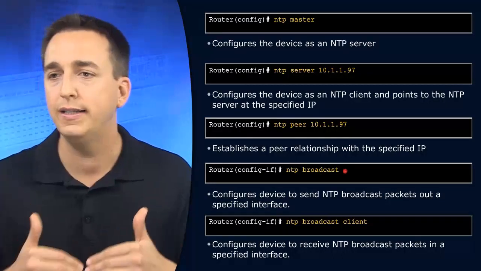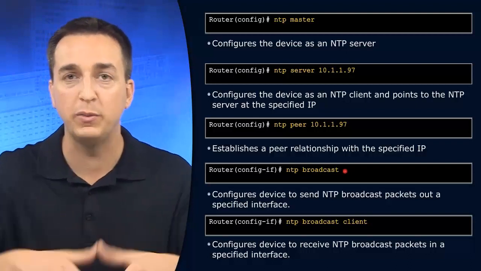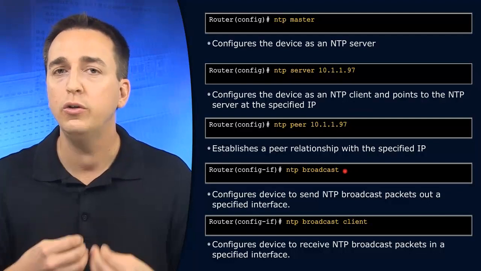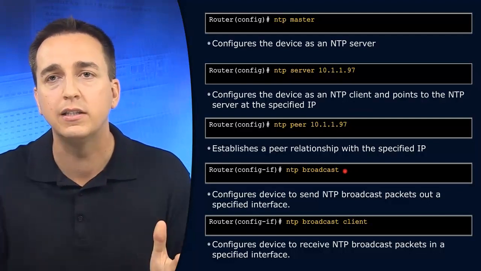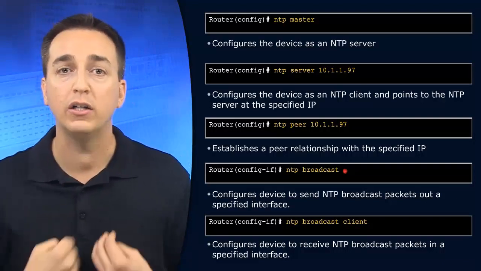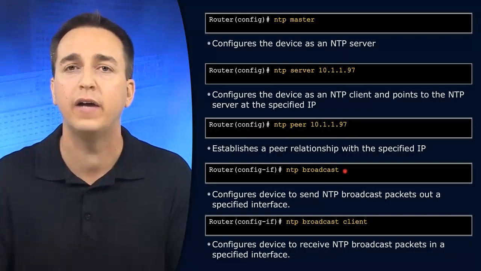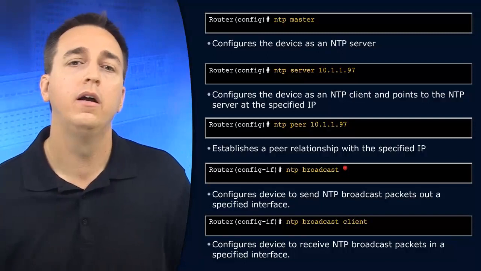For example, the interface, the SVI on a multi-layer switch, or on our router, the specific interface going down to the end stations. And what we'll do is we simply just broadcast the NTP packet. So instead of having the clients configured to ask an NTP server for time, we are simply just sending that NTP broadcast out to all the devices out that interface. And we want them to do what? We want them to synchronize.